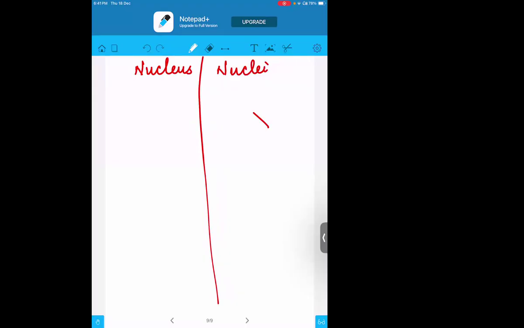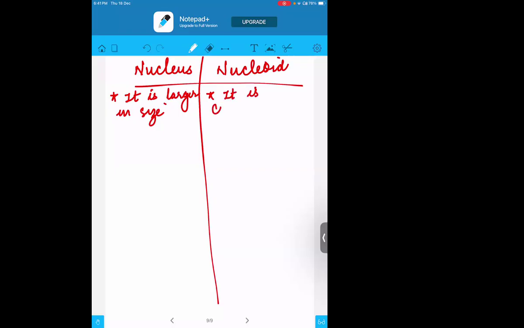The first difference is that the nucleus is larger in size, whereas the nucleoid is comparatively smaller in size. This is the first difference between the nucleus and nucleoid.